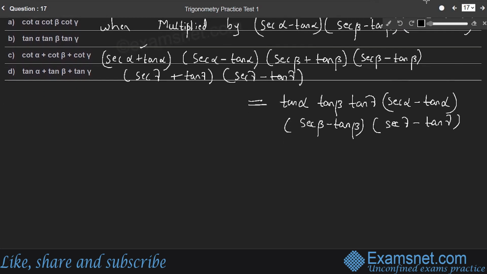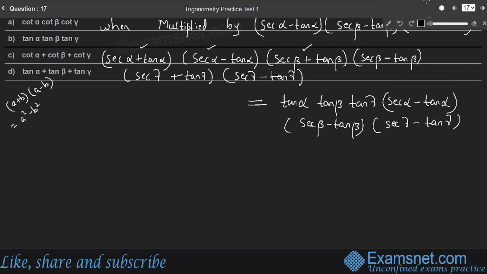So let us consider the left hand side part. Here secant alpha plus tan alpha into secant alpha minus tan alpha is in the form of a plus b into a minus b, which is equal to a square minus b square. Even the terms which contain beta and gamma are in the form of a plus b into a minus b.